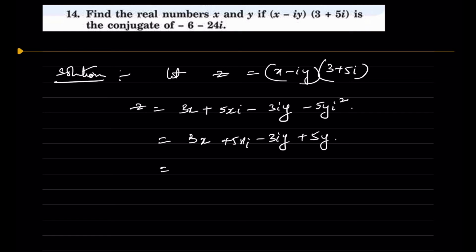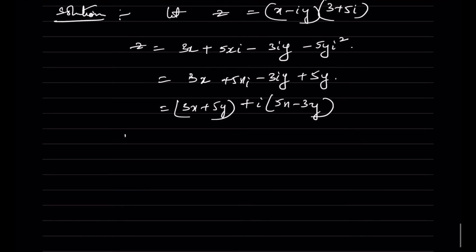So this is equal to 3x plus 5y plus i into (5x minus 3y). Therefore z bar is equal to 3x plus 5y minus i into (5x minus 3y). Only the sign in between will change, but not in the brackets, for the conjugate.